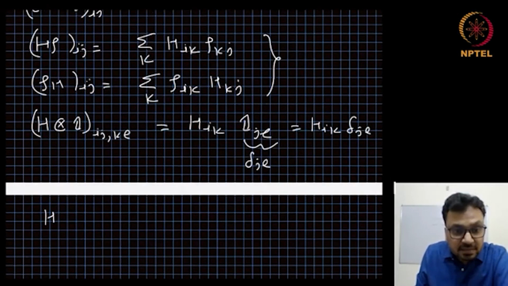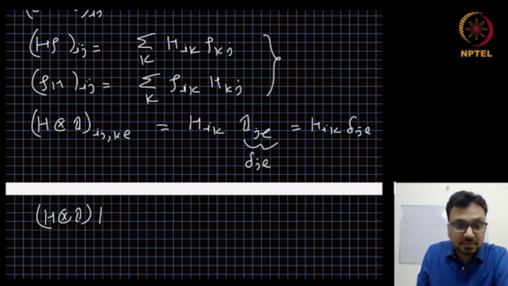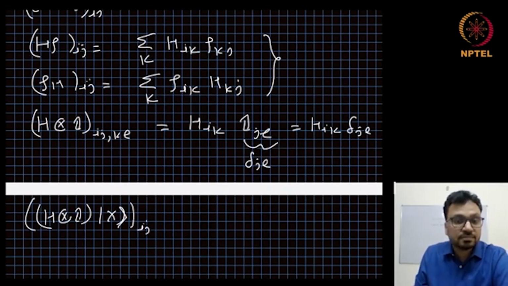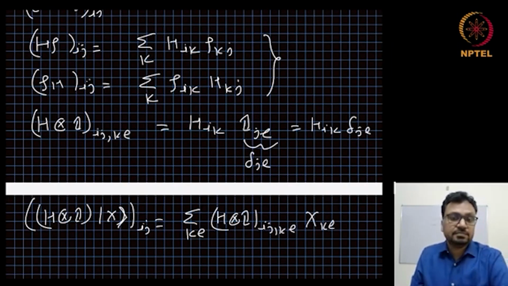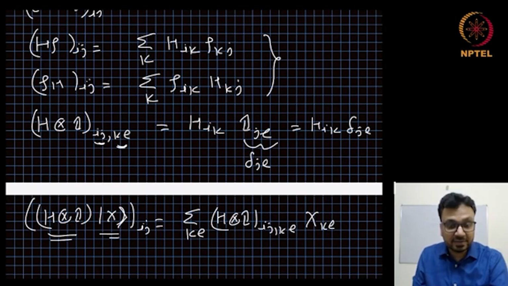If we say H tensor identity acting on a vector x, what is the ijth element of this? It will be the sum over kl of (H tensor identity) ij,kl times xkl. This is a matrix acting on a vector. Here we are identifying ij as one index and kl as another index, so it becomes a matrix acting on a vector equation.